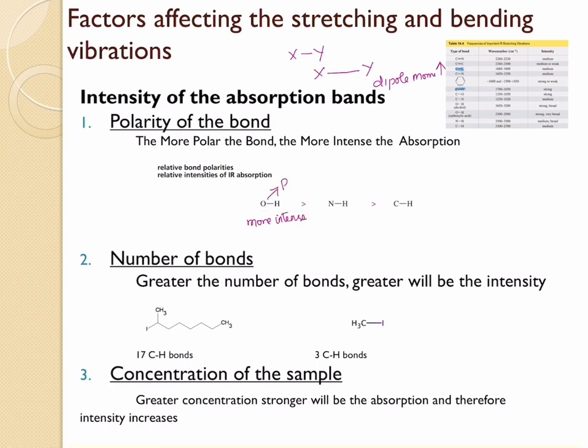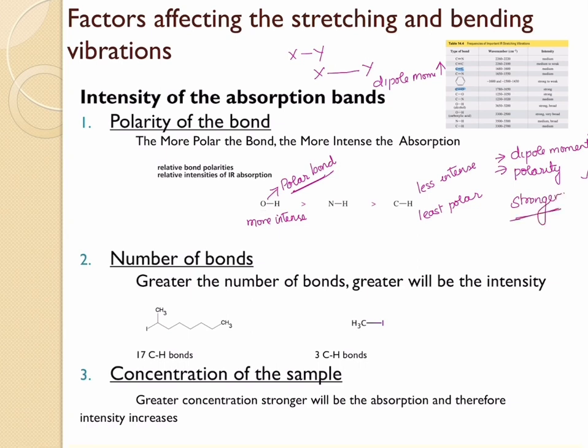So between OH, NH, and CH, this is the bond which is going to have the greater dipole moment, and the CH is the least polar, and therefore the absorption band that corresponds to the CH is going to be less intense. So the greater the dipole moment and the greater the polarity of the bond, the stronger the intensity of the absorption band.